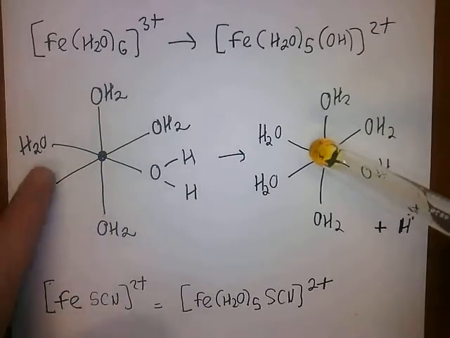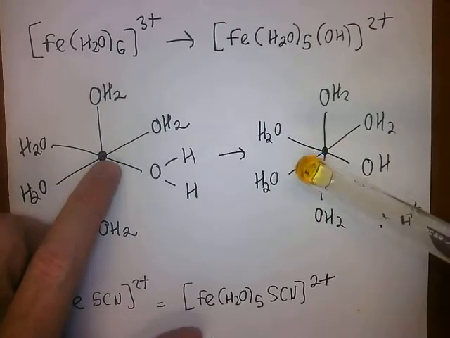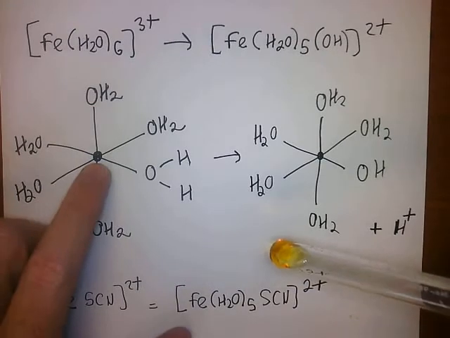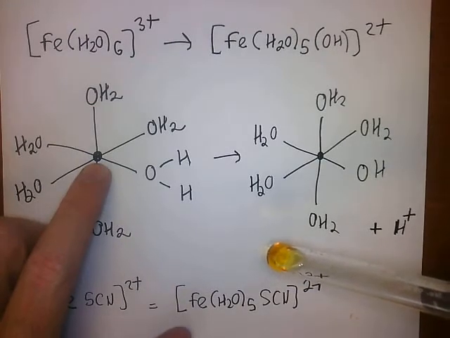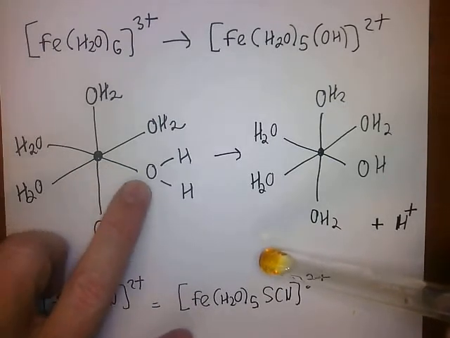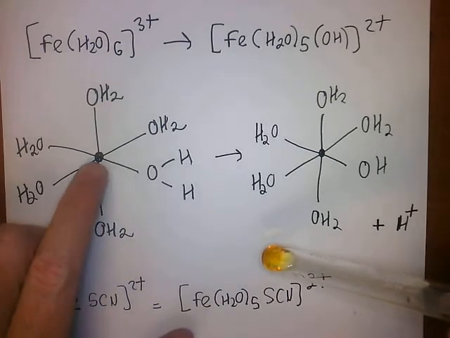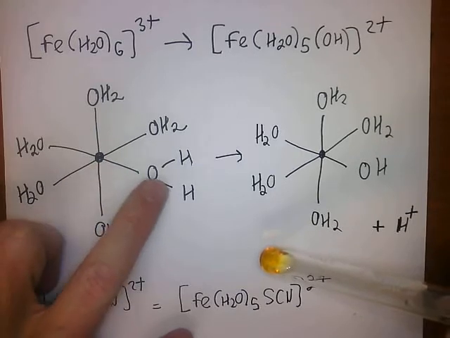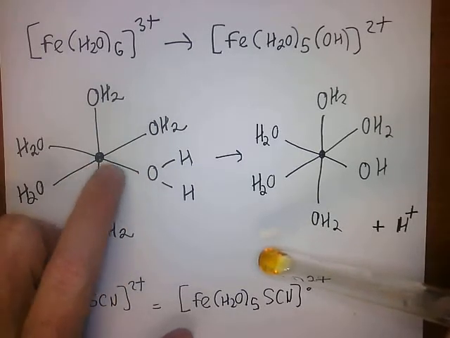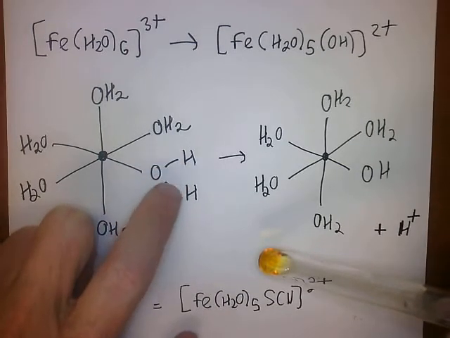So it starts out as this hexaaqua ion. And it's not just iron 3 that does this. It's lots of +3 ions because you have an exceptionally high charge density. What happens is that the bond from the iron to the oxygen becomes so strong that it polarizes the OH bonds.